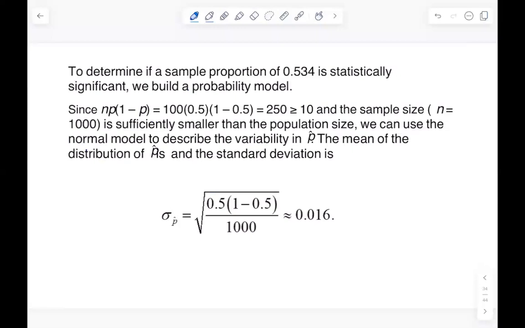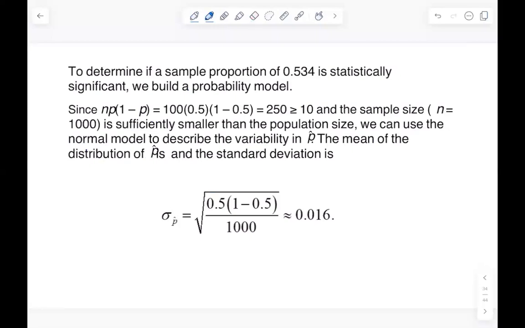To determine if something is statistically significant, you have to build your probability model. So we have that np times 1 minus p is greater than or equal to 10. So that's always good. Our sample size needs to be less than 10% of the population. That stays the same. I have a really weird p thing going on here; it just showed up funny.